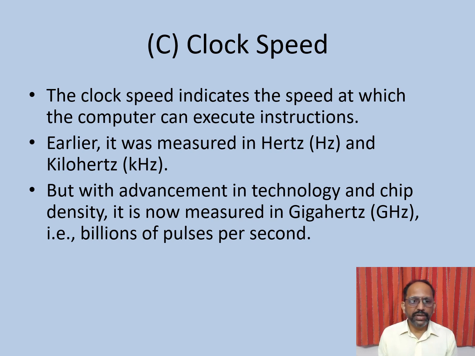Gigahertz means billions of pulses per second. So the higher the clock speed, the more powerful the microprocessor. The lower the clock speed, the lower the performance of the microprocessor, and its CPU processing takes a lot of time. It is slow.